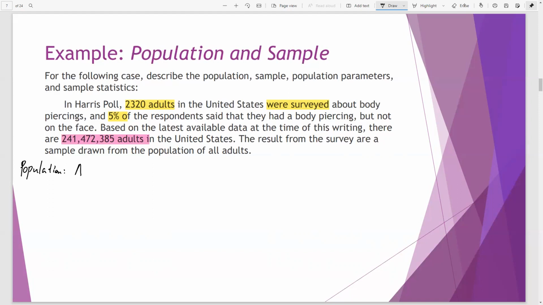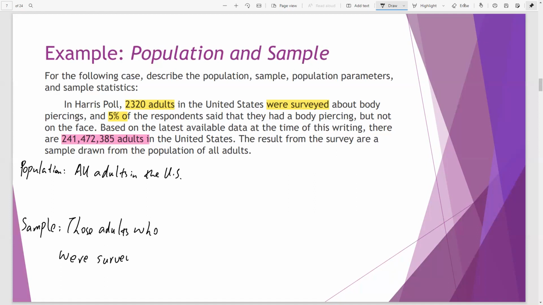So the population will be all adults in the United States, and the sample will be just those adults who were surveyed. Those people who were surveyed are our only sample. Then the population parameter.